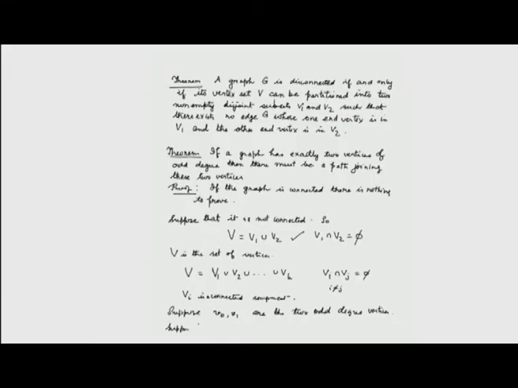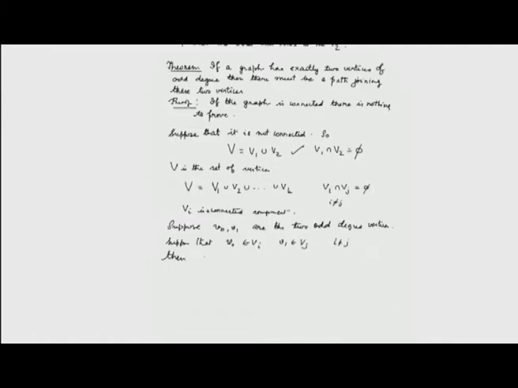Suppose that V0 belongs to Vi and V1 belongs to Vj for some i not equal to j, then Vi contains one odd degree vertex, which is not possible.